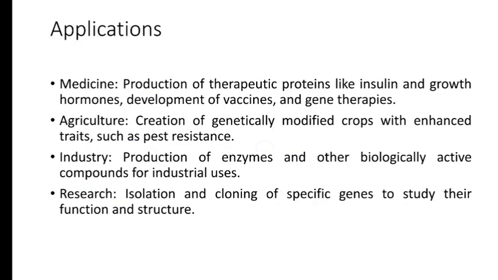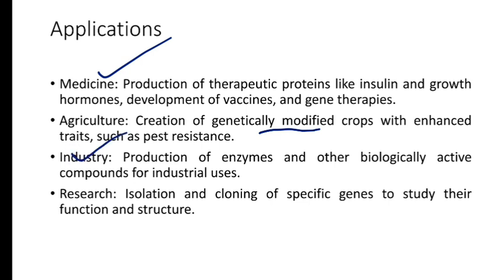Next, what are the applications of this technology? At first, in the field of medicine, to produce therapeutic proteins and other therapeutic products. Next, in agriculture, creation of genetically modified crops with enhanced characteristics like pest resistance, stress resistance, then higher yield products.